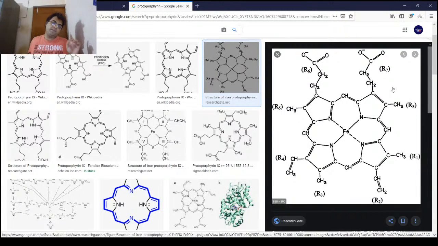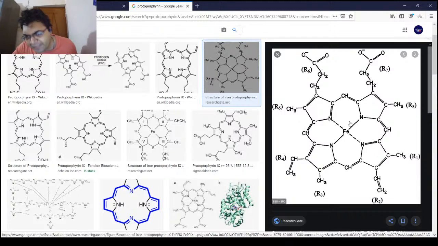Each polypeptide chain is connected to its own protoporphyrin ring: one alpha, one beta, another alpha, another beta. So four polypeptide chains are connected to four protoporphyrin rings respectively, independently and individually.